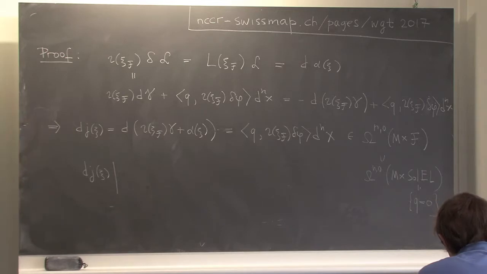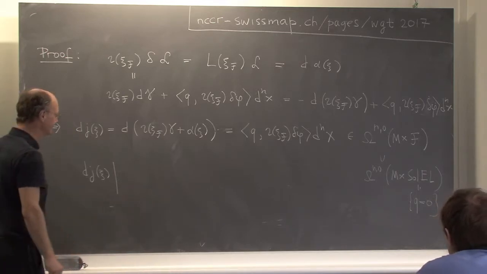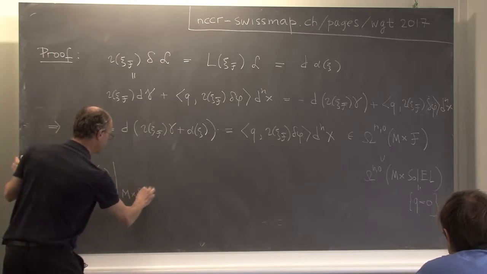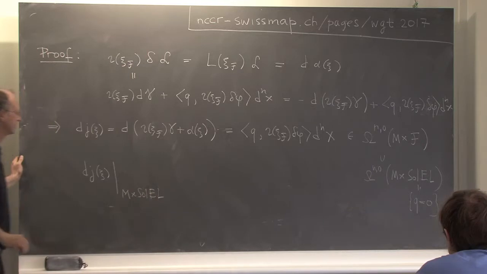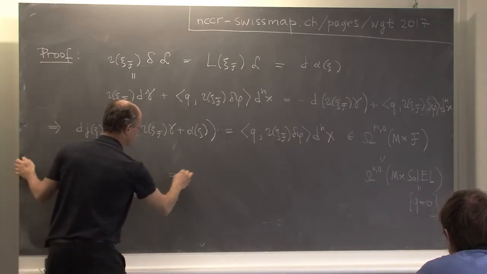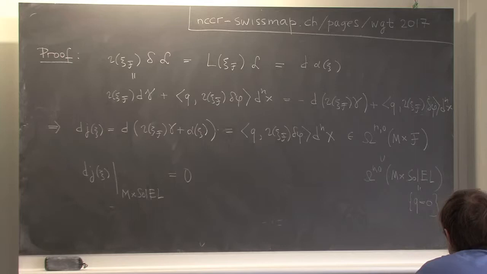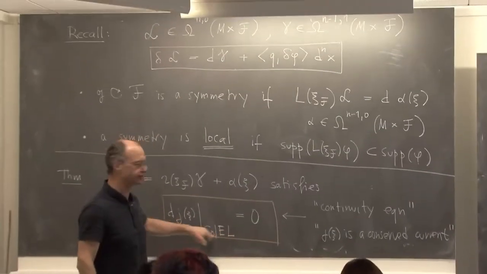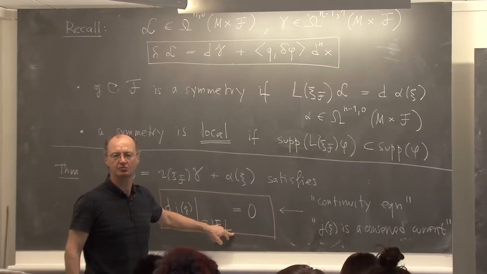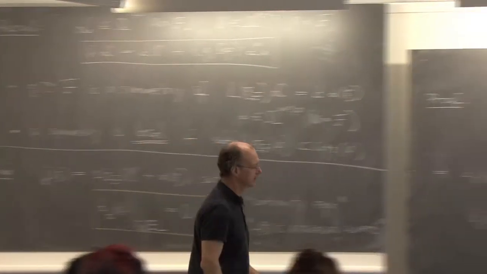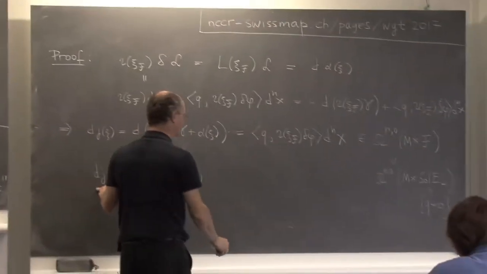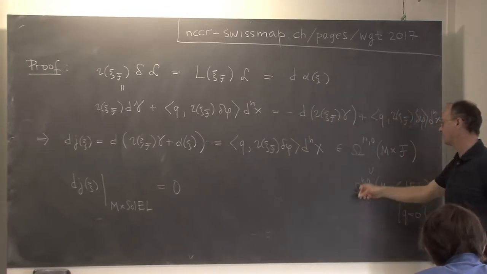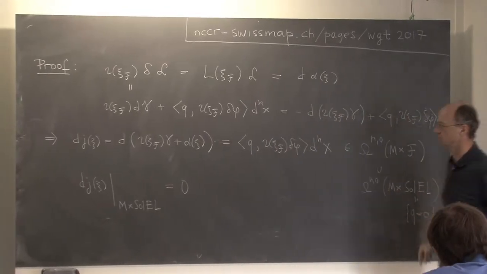So this means that if you restrict to M times Sol EL, we get 0. Here I was a little bit sloppy, so one restricts it to M times Sol EL. And this is an equation in the space Ω^{n,0}(M×Sol EL).